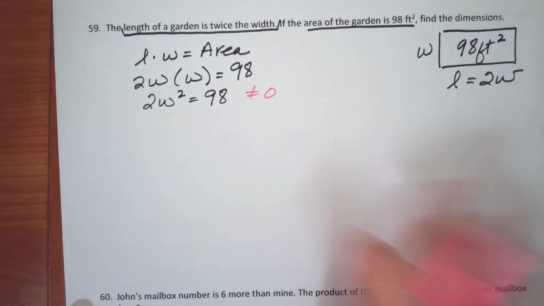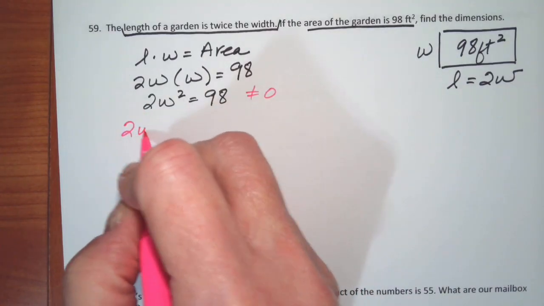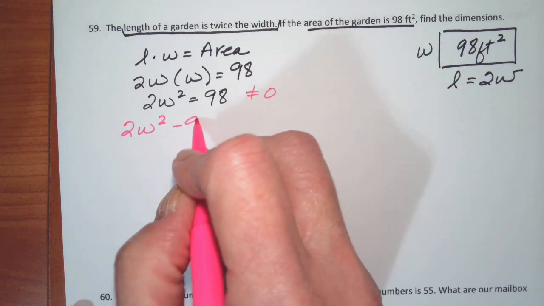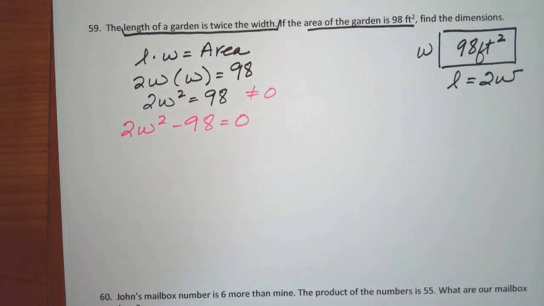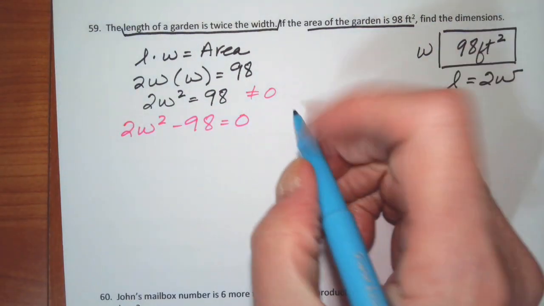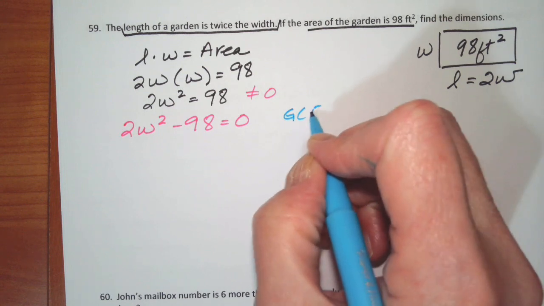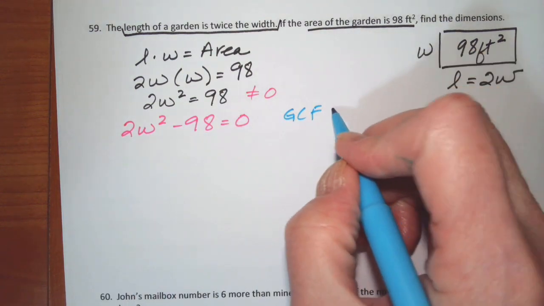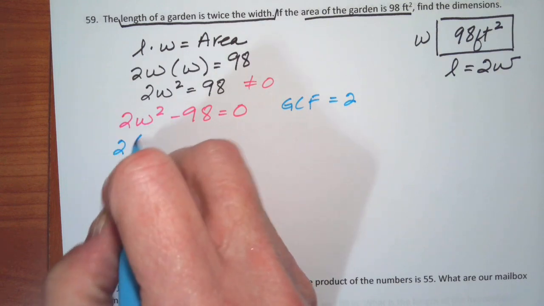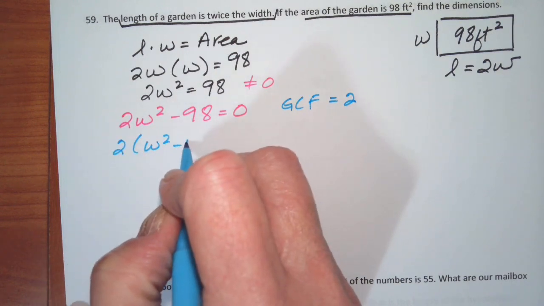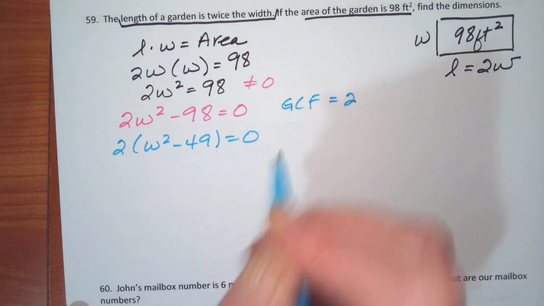I'm ready to solve now. So I have to write this as 2W squared minus 98 is equal to 0. So, like always, when I'm factoring, I want to look for a greatest common factor. Both of these are even numbers, so I can factor out a 2. So I have 2 times W squared minus 49 is equal to 0.